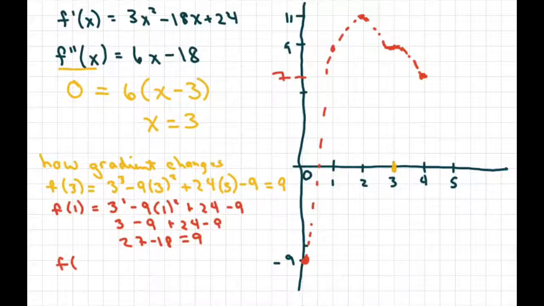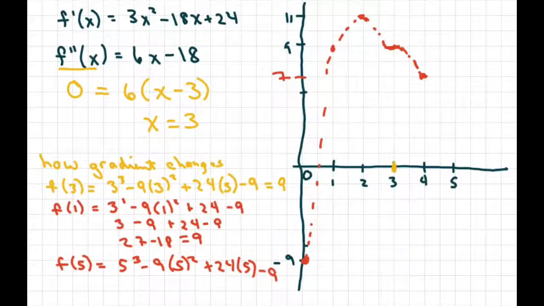So if you plug in 5, you're going to get 5 cubed minus 9 times 5 squared plus 24 times 5 minus 9. And that's going to give you 11, I believe. So that equals 11. So we're back up to 11 here at 5. So there's your turning point here.